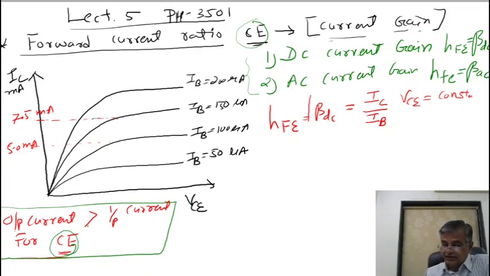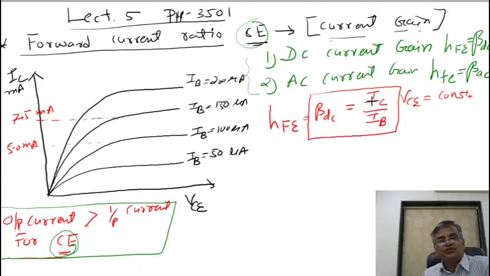DC current gain is the ratio of the DC value of the output collector current to the DC value of the input base current at a constant value of collector emitter voltage.